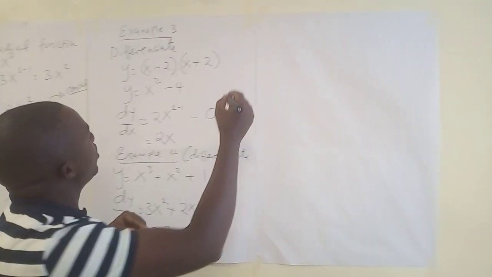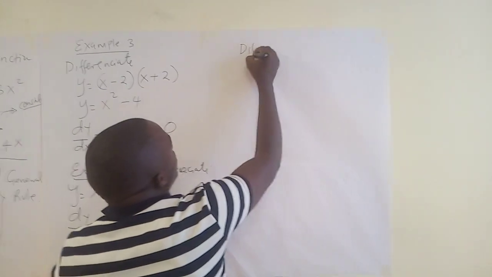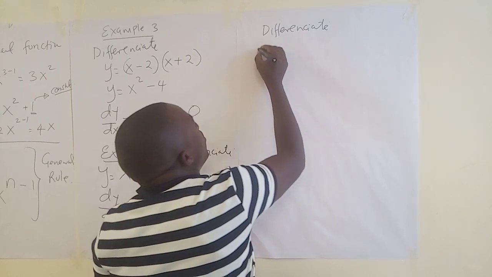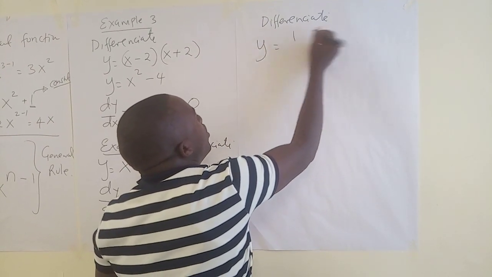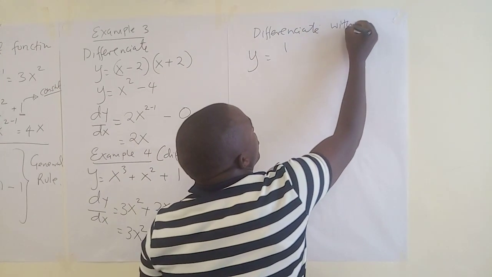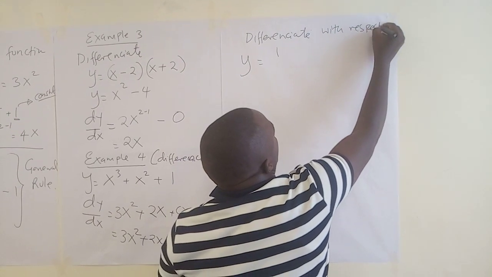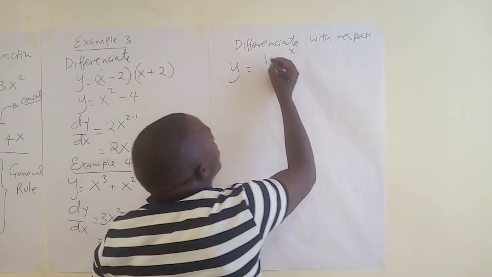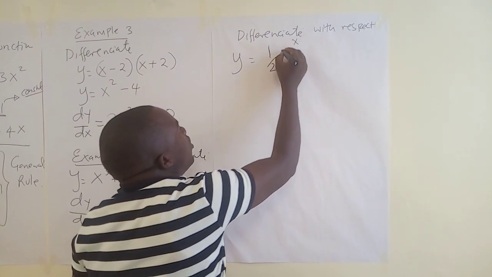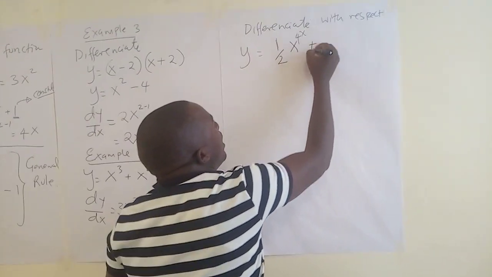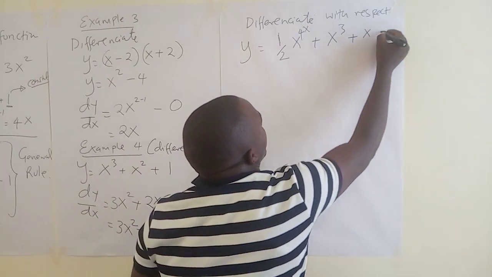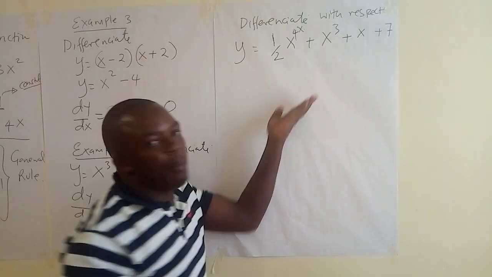For example, differentiate with respect to x: y equals x to the power 4 plus x to the power 3 plus x plus 7. This is a polynomial too.